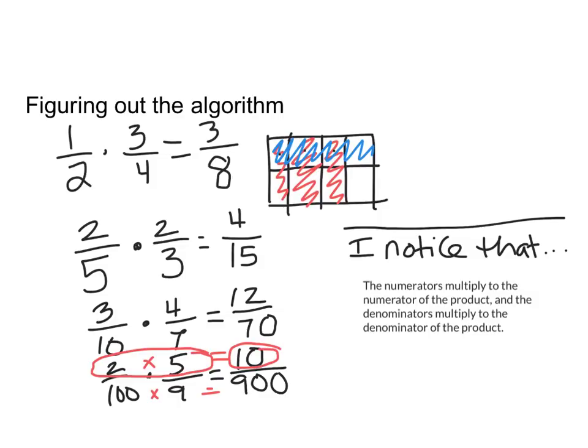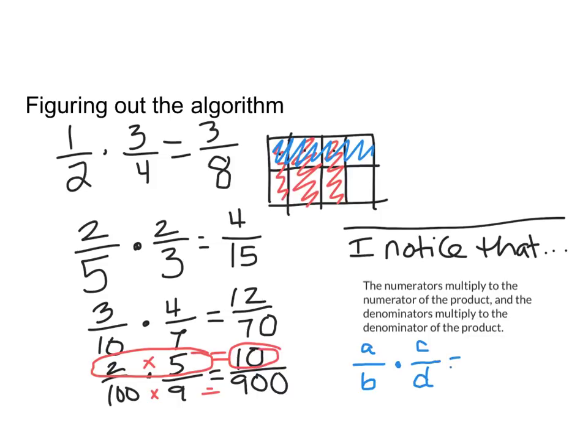So let's do one more little example here, and this time we're going to do it with variables. We love working with variables, especially as we get into higher level math. Let's say that I have a fraction that has some unknown number that I'm going to call A on the top, and another unknown number in the denominator that I'm going to call B. Then I'm going to multiply it by another fraction that has C in the numerator and D in the denominator.